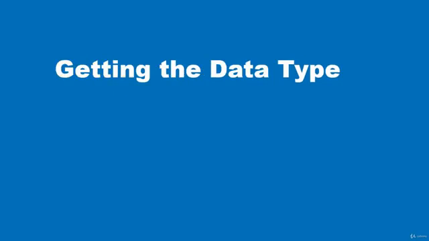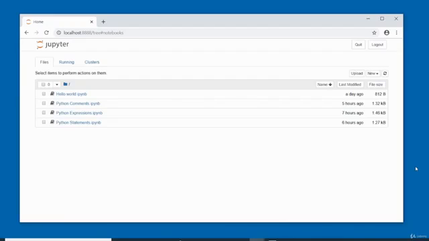You can get the data type of any object by using the type function in Python. You pass in a value in between the parentheses, and this type function will return the data type. So let's create a new notebook and experiment with some data types.